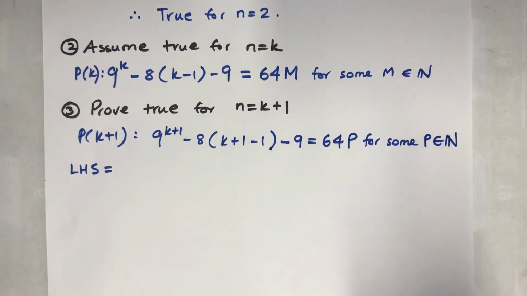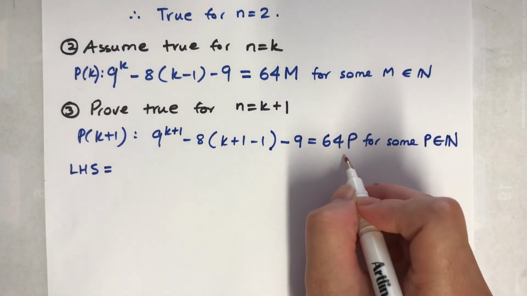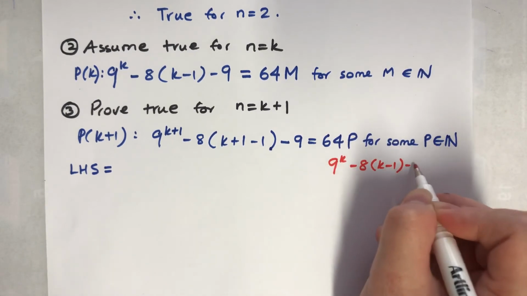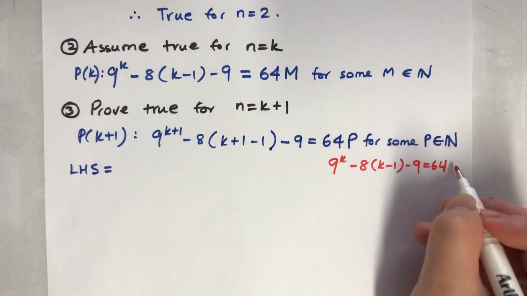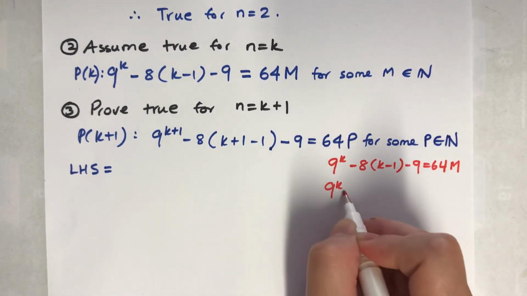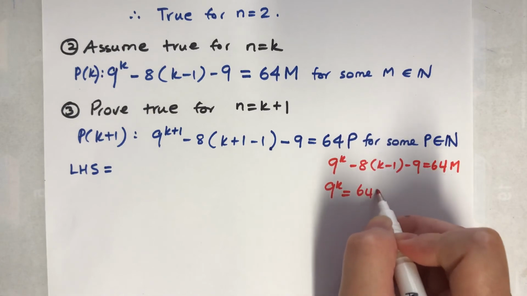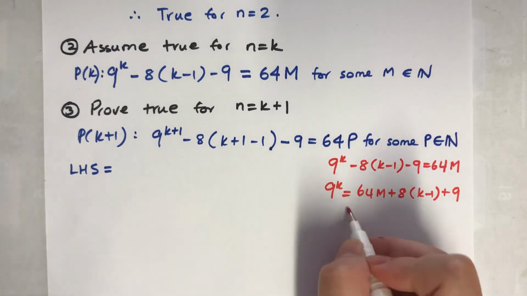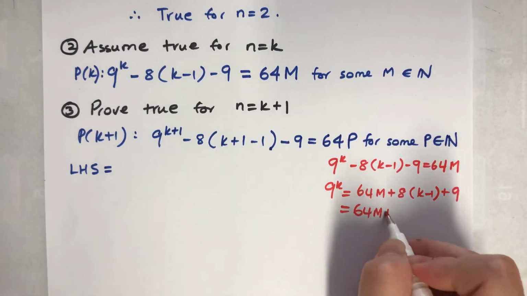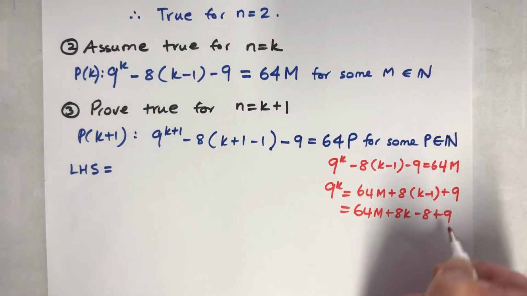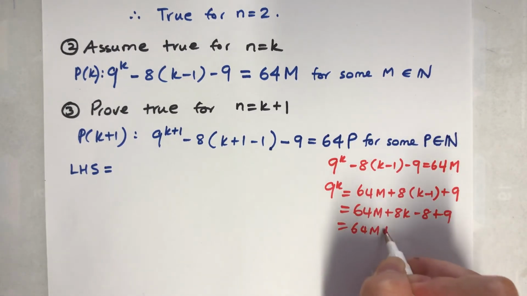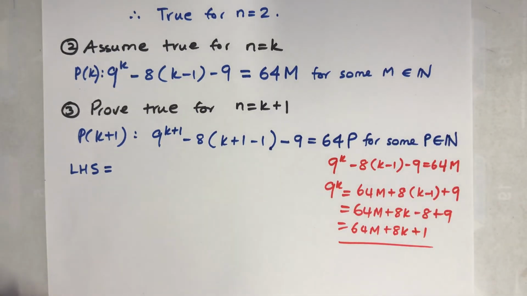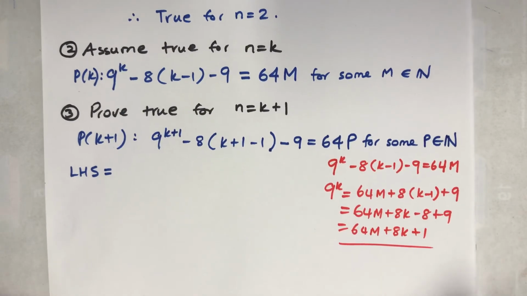Now remember, I think it's a good idea to just write it from step 2. So I'm just going to make that the subject. Plus 9. If I want to simplify this further, something like that, 8k plus 1. Okay, so I'm just going to leave it like that. It's just easier for me later. So let's have a look.